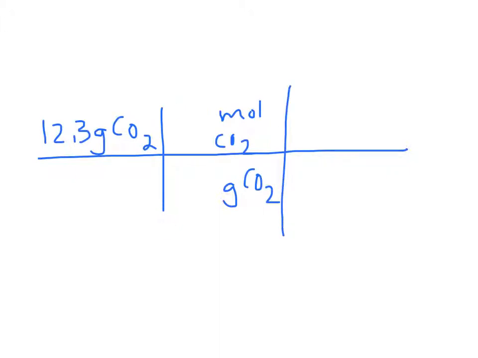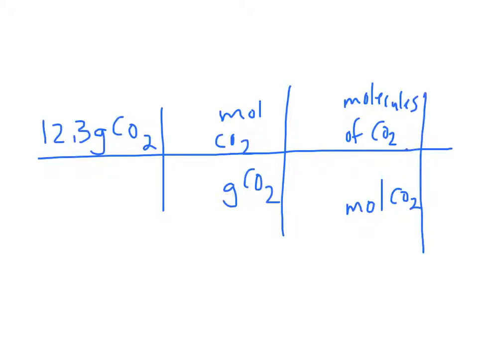And then from there, we know that we can convert moles of CO2 to molecules of CO2. And the very last thing is this last conversion factor, where we can change molecules of CO2 into oxygen atoms. Now let's go ahead and fill in the numbers.